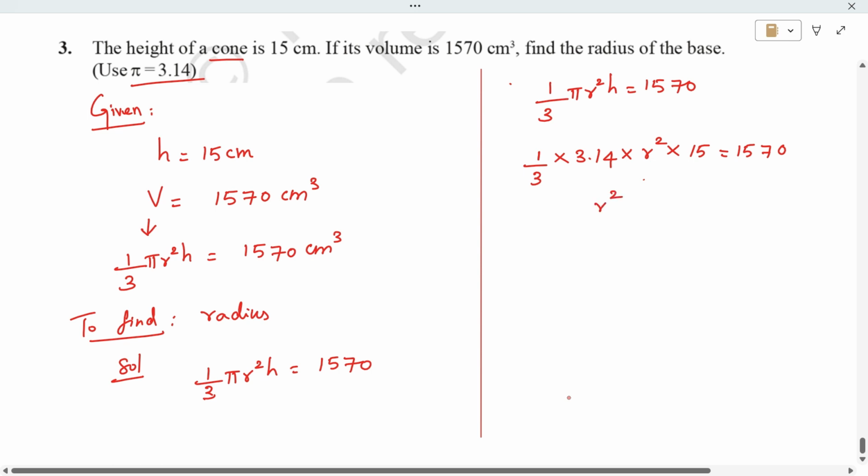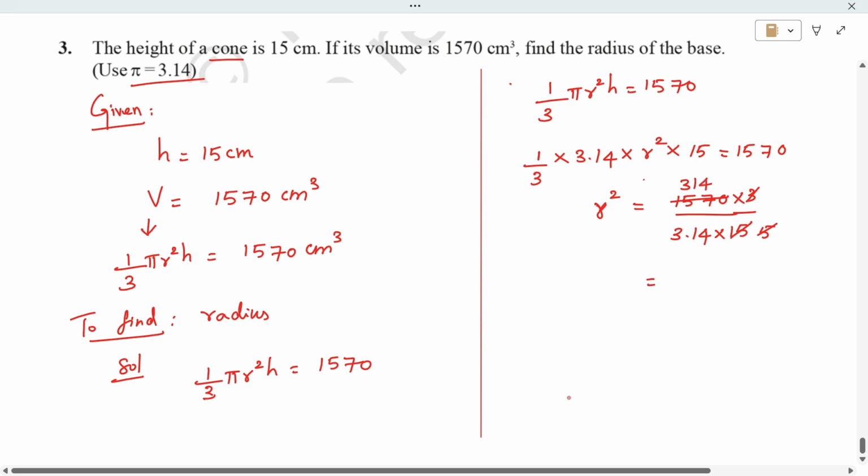So now transpose all the numbers to the other side. Remember, when you're transposing, the denominator will come to the numerator and the numerator will come to the denominator, isn't it? So I'm just transposing and writing all the numbers. Now I can cancel 3 and 15 5 times, and 5 and 1570 as 314 times, right?